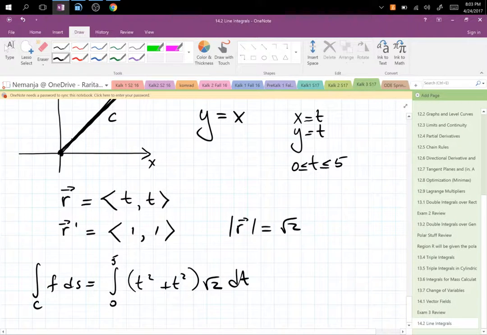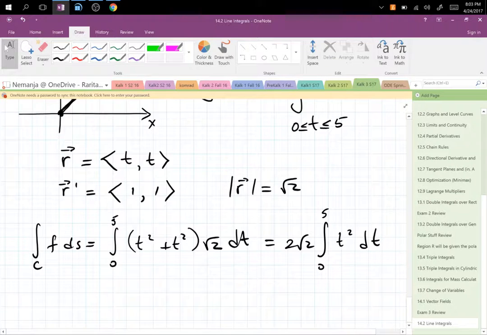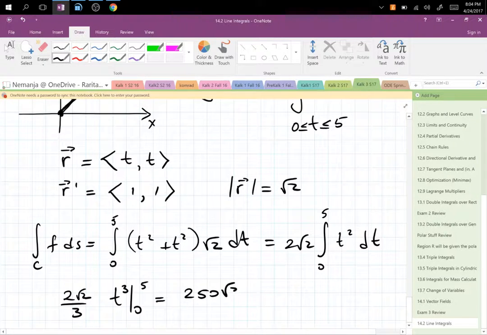So t squared plus t squared is 2, so I'm going to kick 2 root 2 out as a constant. And the only thing that I'm left with inside is t squared dt. That's t cubed over 3. So 2 root 2 over 3 times t cubed from 0 to 5, which is 125 times 2, 250 root 2 over 3.